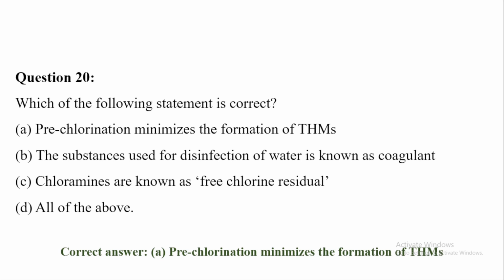Chloramines are known as free chlorine residuals. This is again an incorrect statement. I have told you what free chlorine residuals are: Cl2, HOCl and OCl minus. These are free chlorine residuals. Chloramines are known as combined chlorine residuals. Okay. So this is also an incorrect statement.